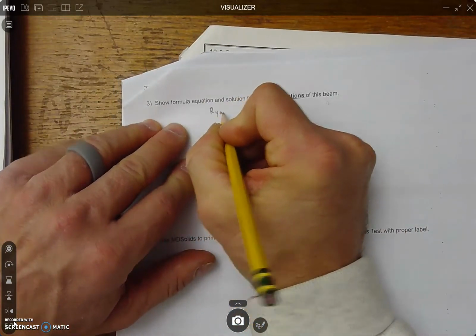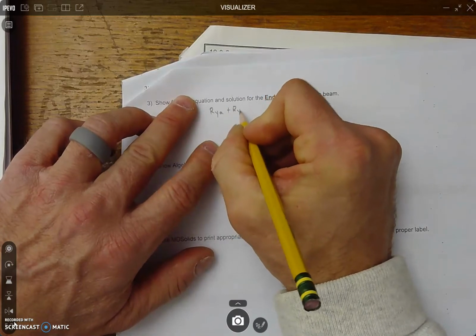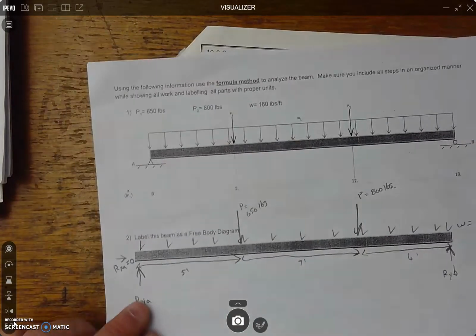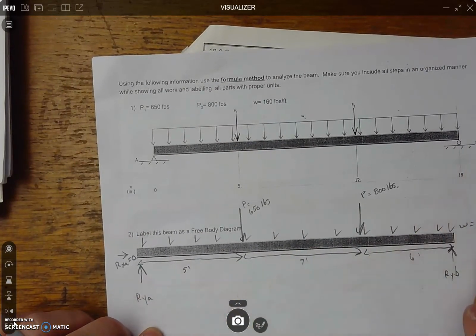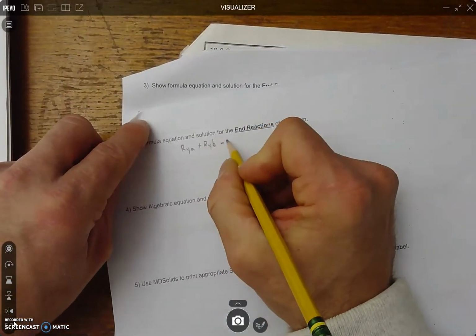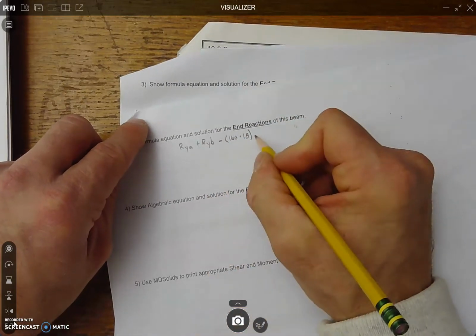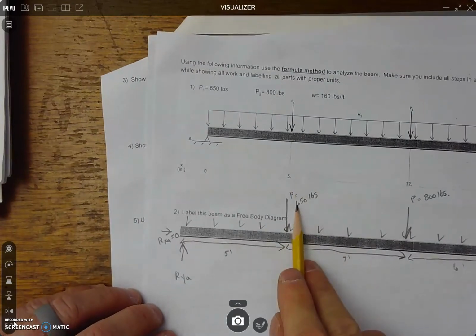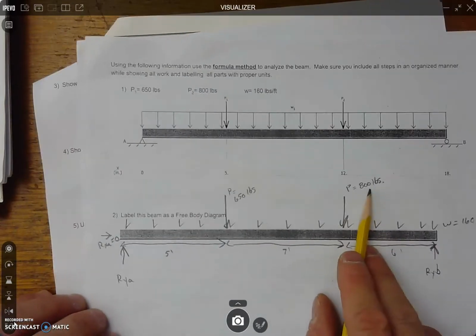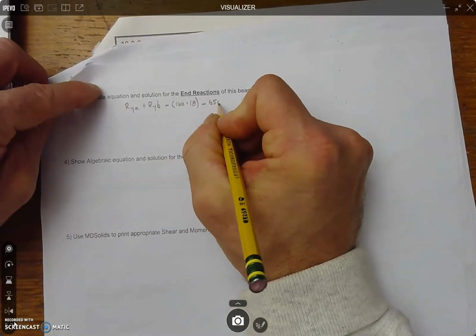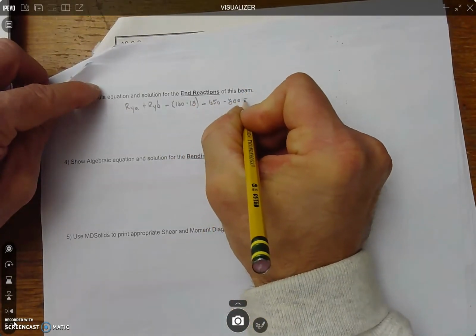So we go RYA plus RYB minus, remember, we have a uniform load of 160 pounds per foot, and our beam is 18 feet. So we subtract 160 pounds per foot over 18 feet, and then we subtract our 650 and our 800. So we go minus 650 minus 800 equals 0, right?